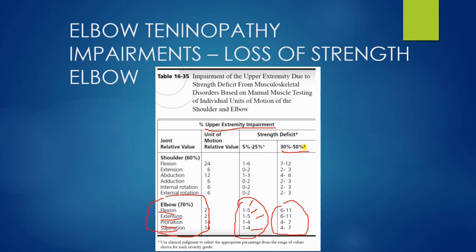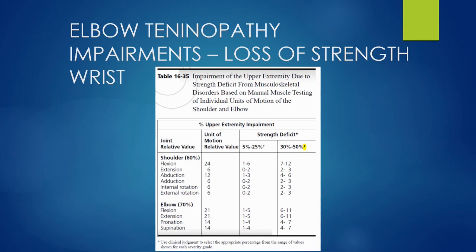Now, similarly, this table, Table 16-35, does not describe loss of strength at the wrist. So what can we do? Well, if you believe it appropriate, you can use this table to provide for a permanent impairment rating due to loss of strength at the wrist.